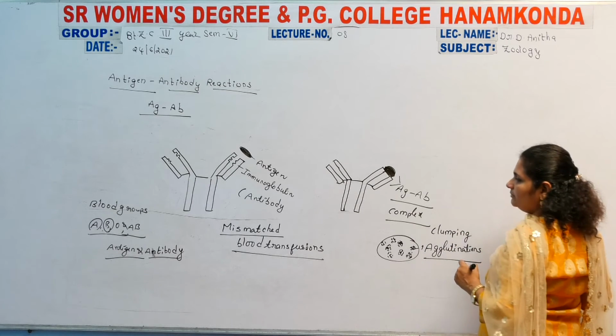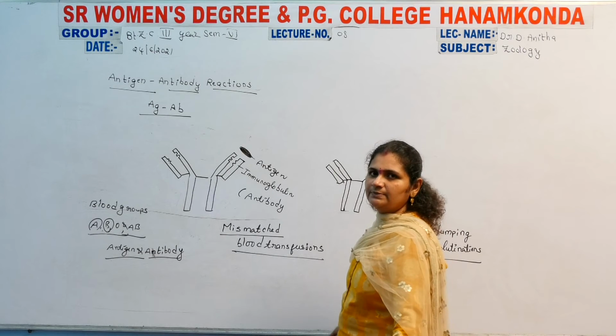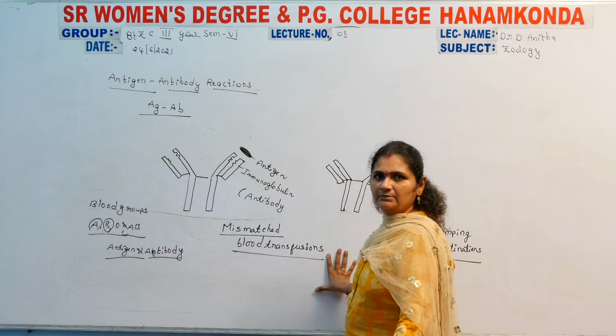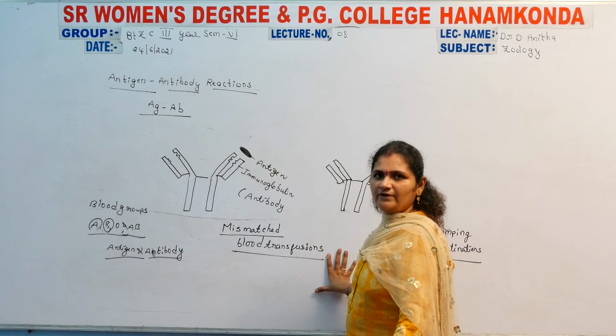So in a mismatched blood group transfusion, the person whose blood group was actually A got blood group B. Then in the middle of those two persons, different antigens and antibodies are present. By that reason, the antigen and antibody reactions start.